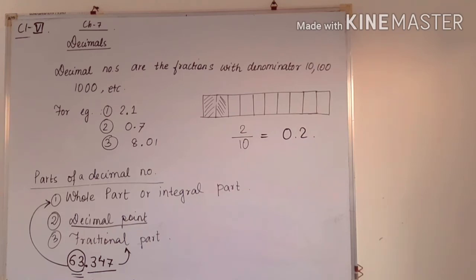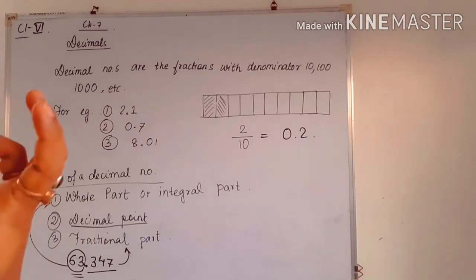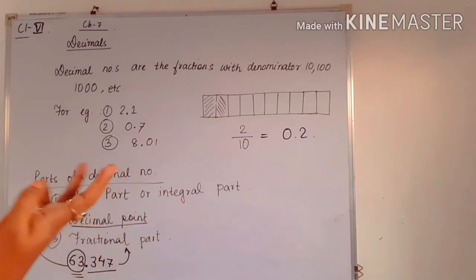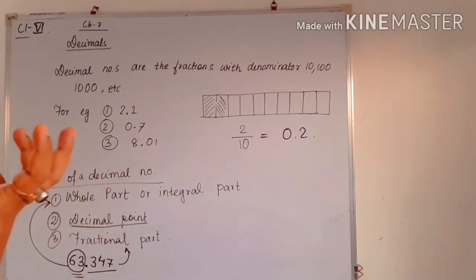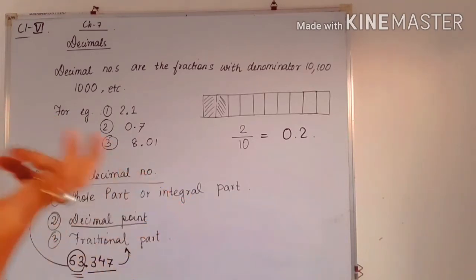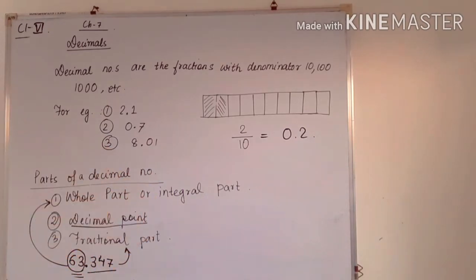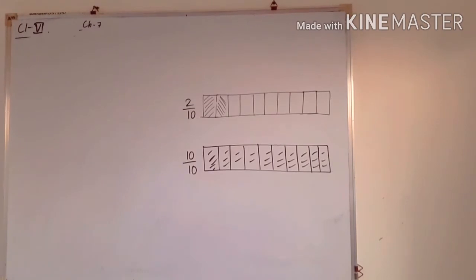Similarly, if I color 8 equal parts, then I write 8 by 10, which in decimal is 0.8, because we are not taking the whole part, just 8 equal parts from the whole.